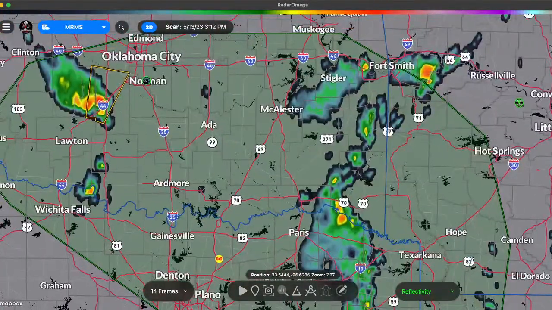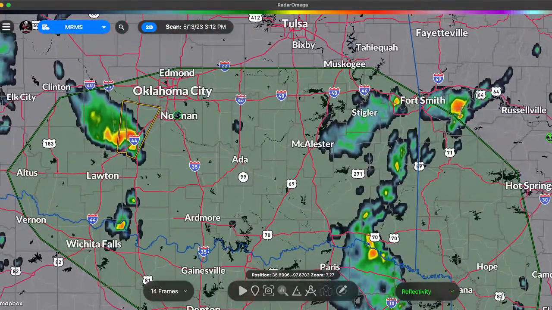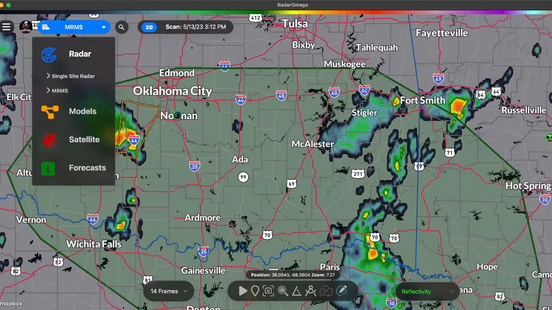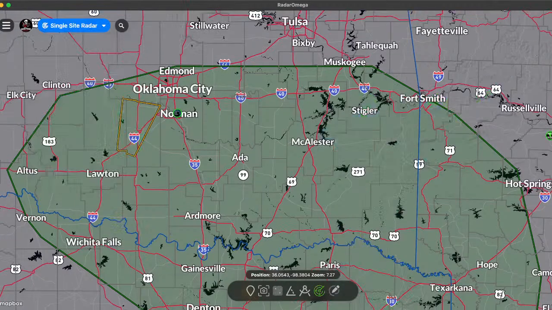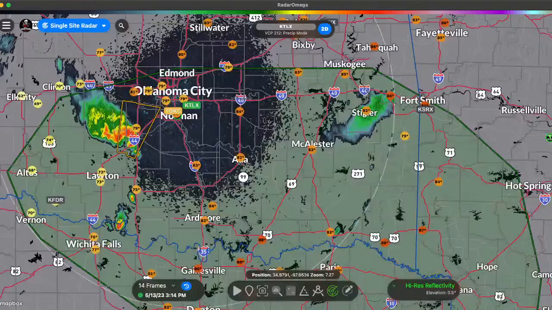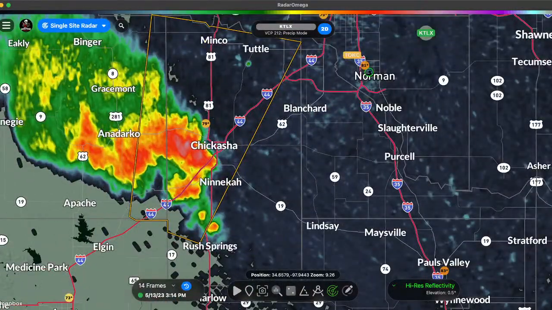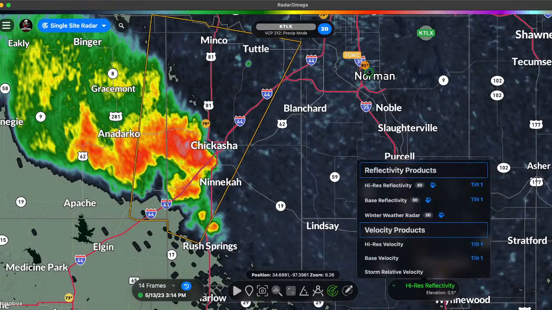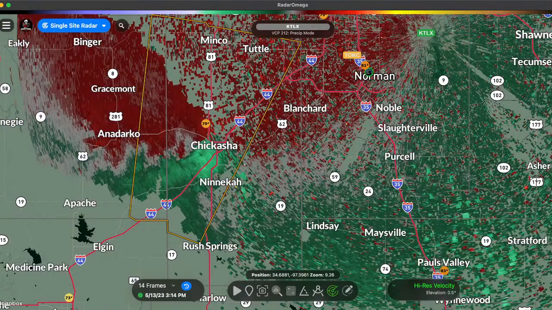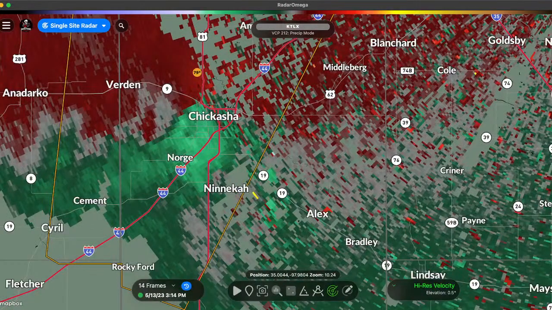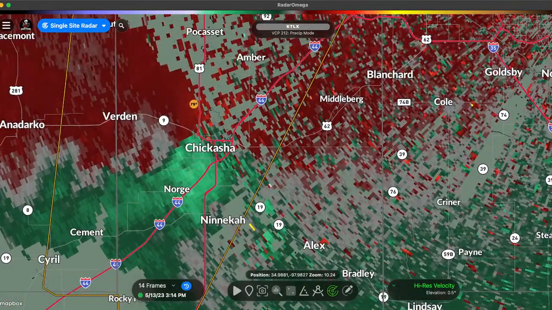And then obviously, the strongest storm in our area is going to be this one up there by Chickasha, Oklahoma. Let's go back to the velocity. Again, a lot of wind with this, and there could be a little bit of shear.